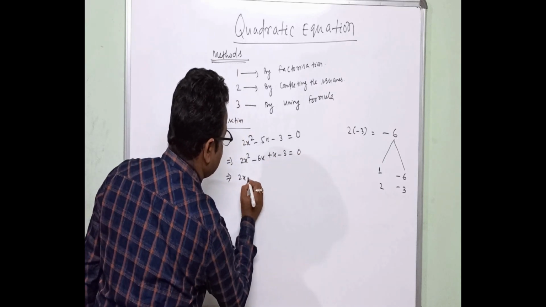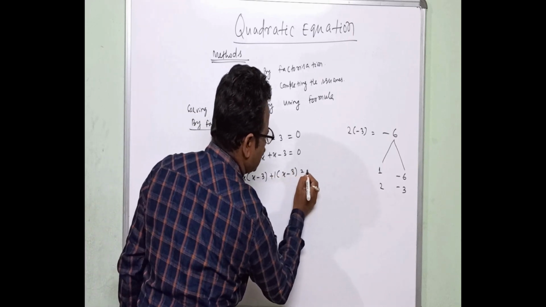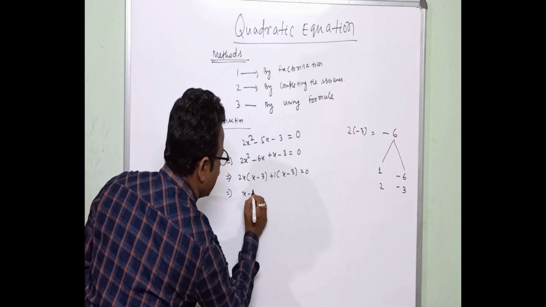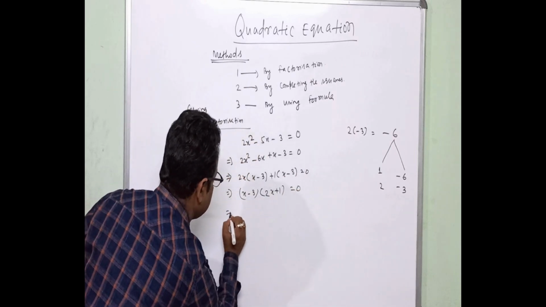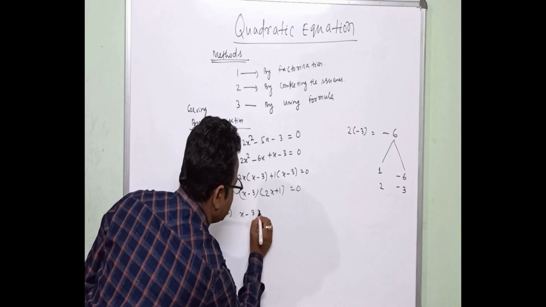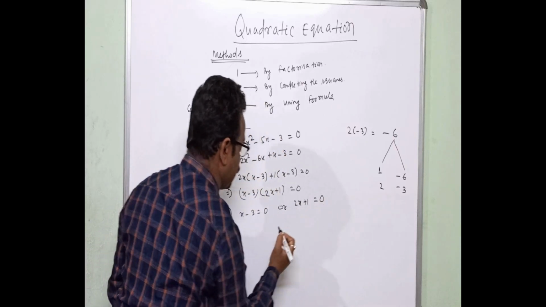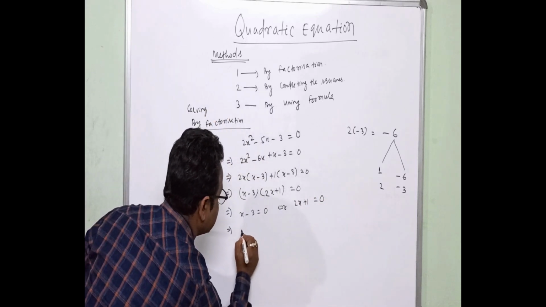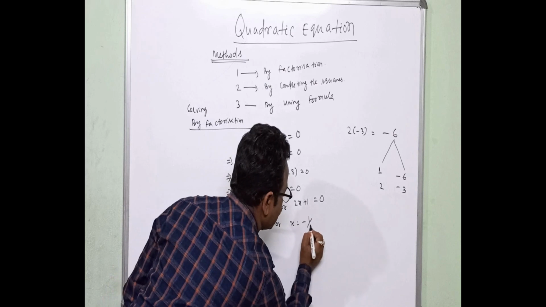That implies 2x(x − 3) + 1(x − 3) = 0. That implies (x − 3)(2x + 1) = 0. That implies x − 3 = 0 or 2x + 1 = 0. That implies x = 3 or x = −1/2.